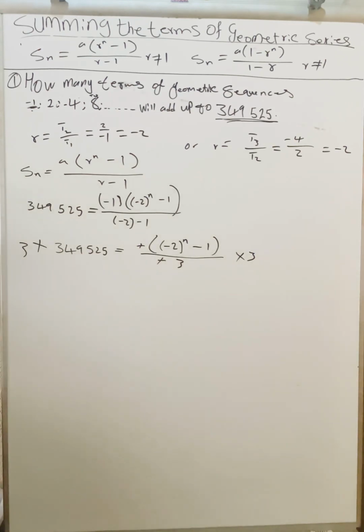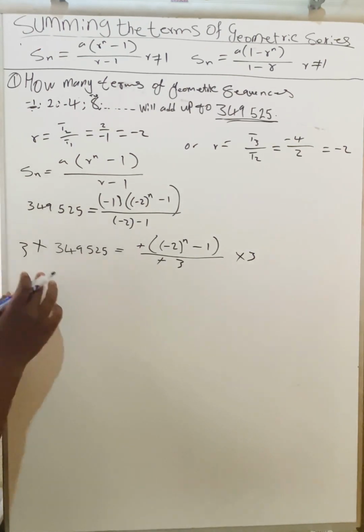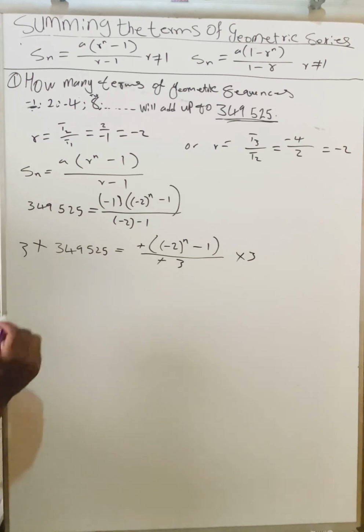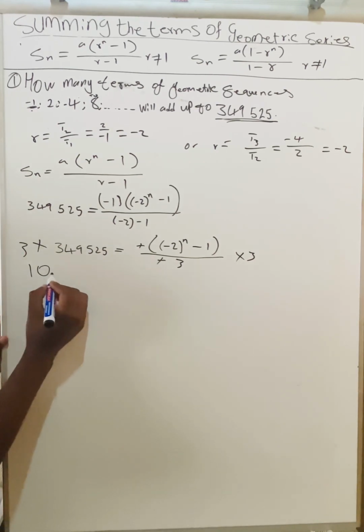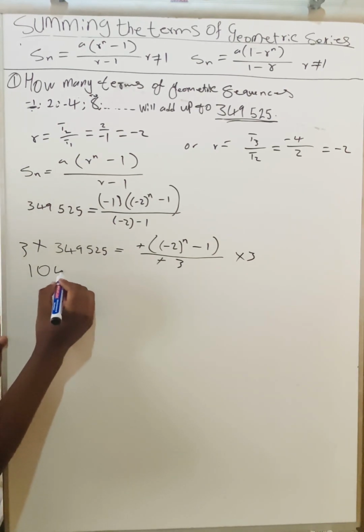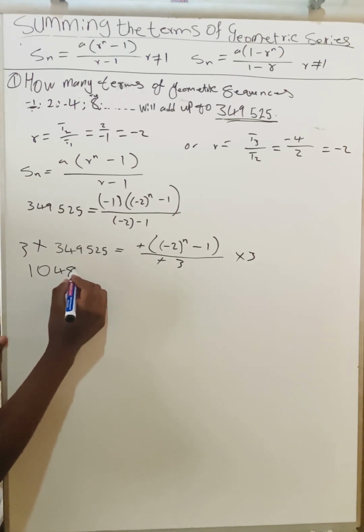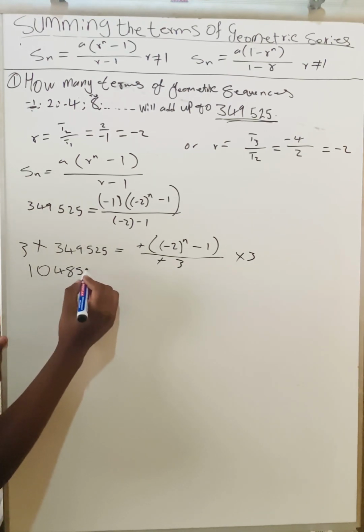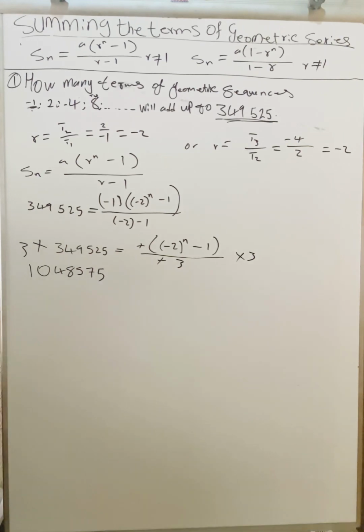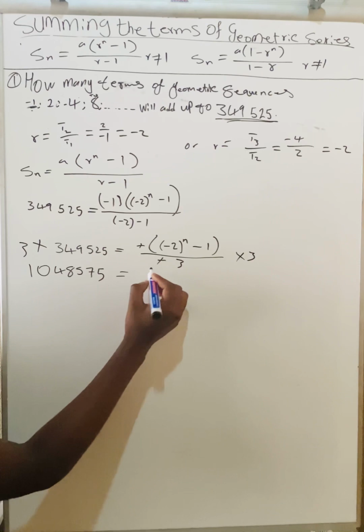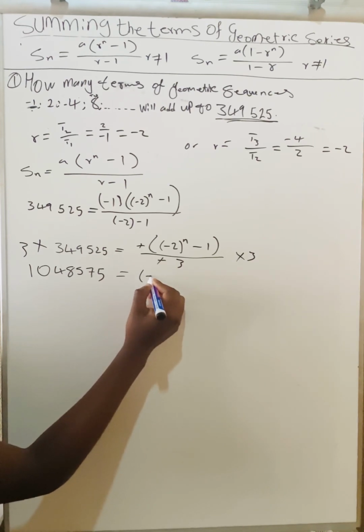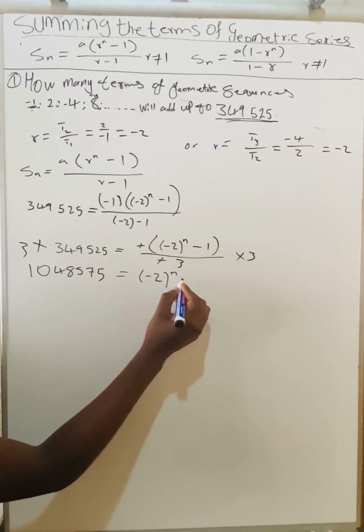When you multiply both sides by 3, 3 multiplied by this number gives 10485075. This side you are left with (negative 2)^n minus 1.